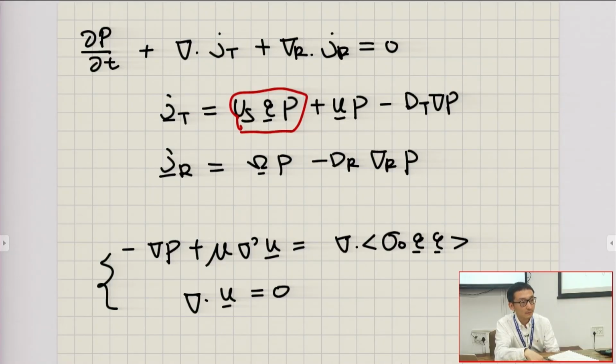When the particle is passive, this term is zero. Yes, correct. And this term is actually giving rise to the activity. That's correct. It's making the particle active, because the swimming speed we are adding from outside. And this swimming speed is constant. We can tune it. It doesn't depend on the position or time or something. That's right.